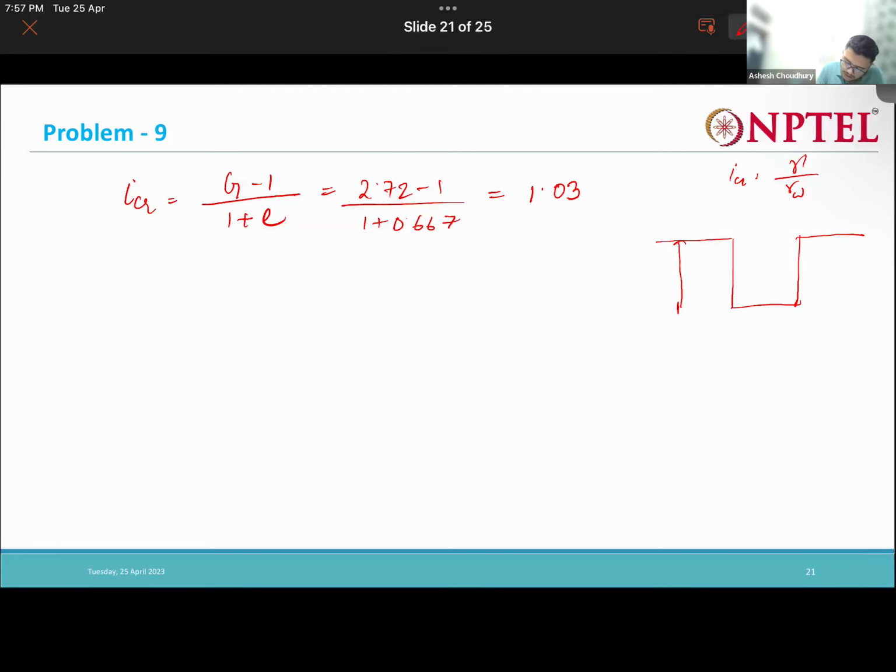If you do this, you will get 3.1 into 10 to the power minus 7. Just a second, it should be small q. Small q, meter cube per second per meter square.